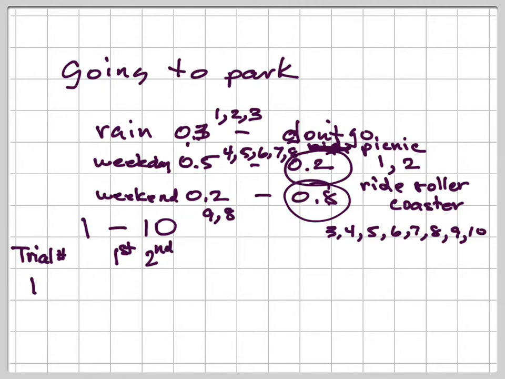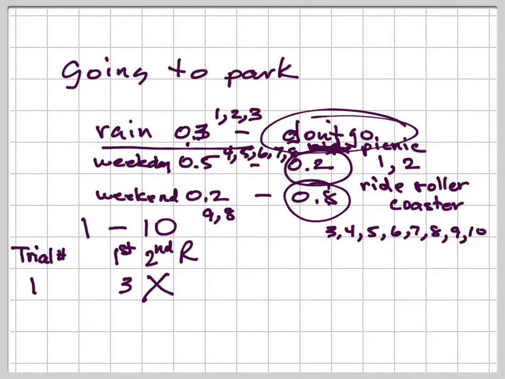It doesn't matter what you call those, just as long as you have a first one and a second one. So let's say we put in our random number generator and it gives us a 3. Well, 3 means rain, which means we're not going anywhere. So I don't need to get a second number. That's automatically a no-go. So in this one, the result is no, we're not going.